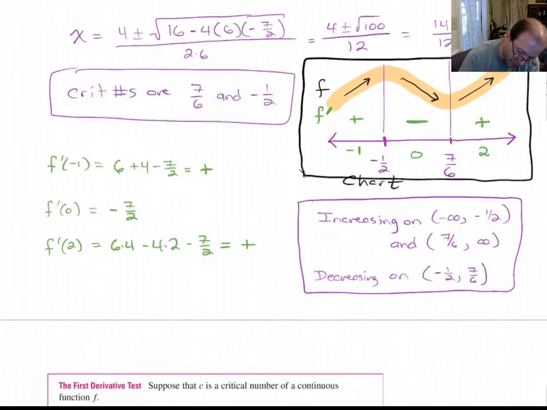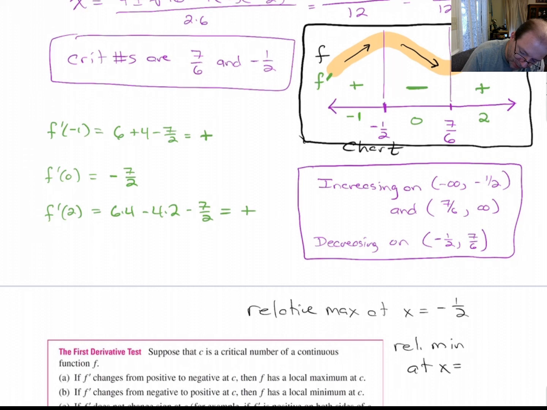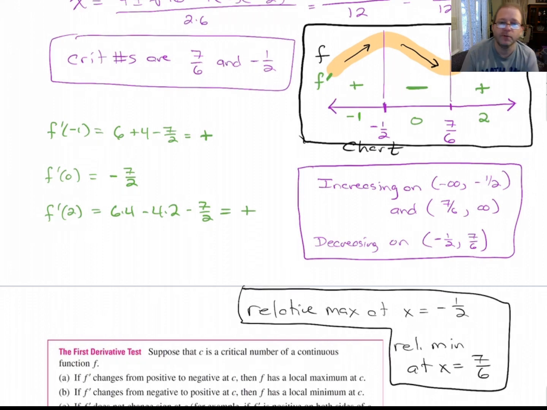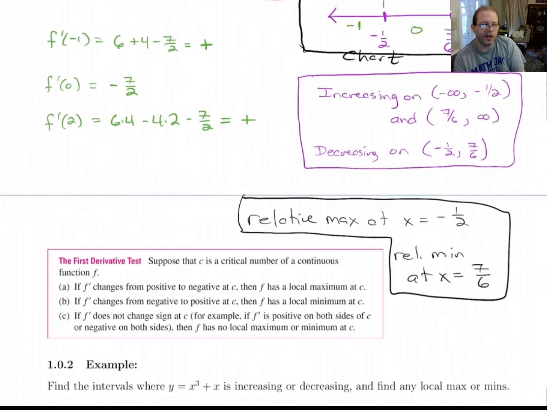So from looking at this, we can say this function has a relative max at x equals negative 1/2 and a relative min at x equals 7/6. And that's called the first derivative test. And the details of that are written out right here.